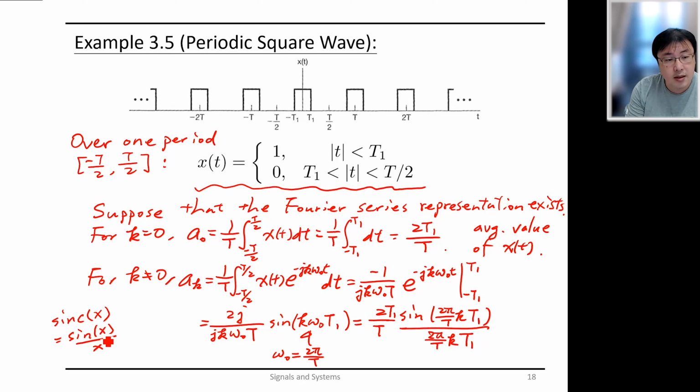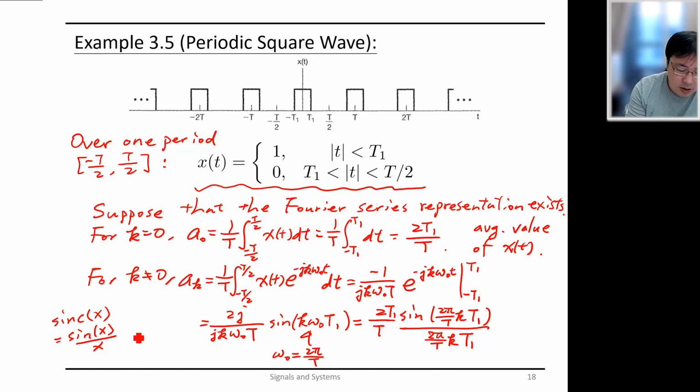If x is equal to 0, then both the numerator and denominator are 0, so you would have to apply L'Hopital's rule by taking the differentiation of both the numerator and denominator, in which case it will be equal to 1.